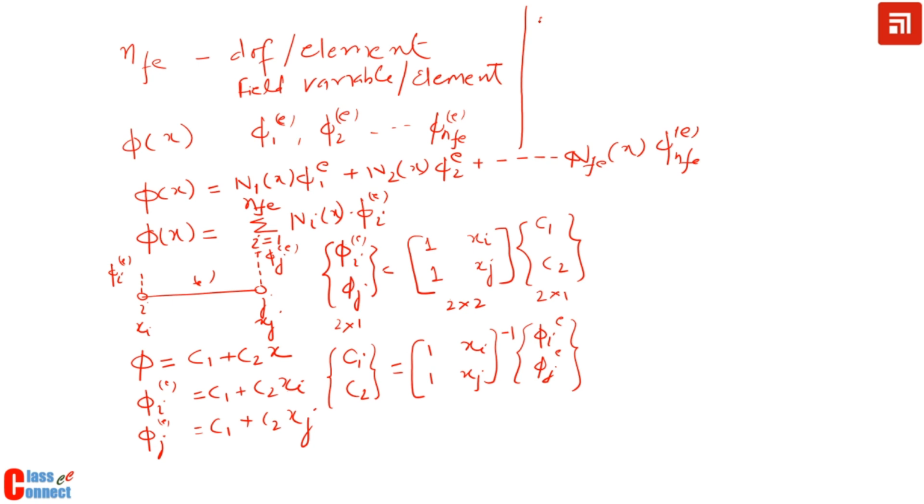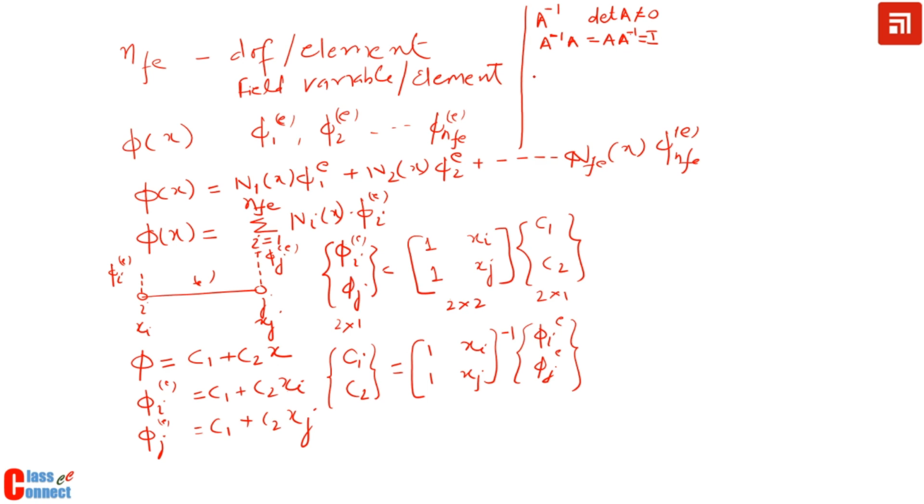If there is a matrix A and we want the inverse of that matrix, the inverse is only possible if the determinant of A is not equal to 0. So we can write A inverse into A is equal to the identity matrix. This is one of the properties of the inverse matrix.